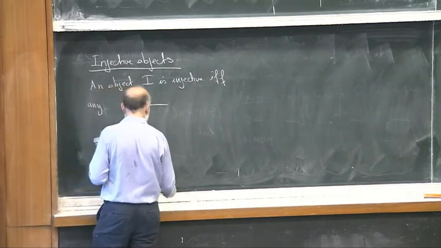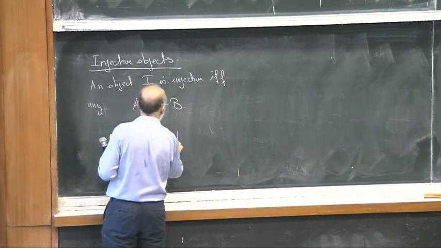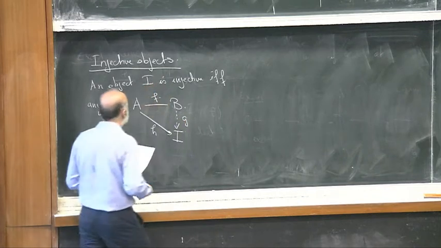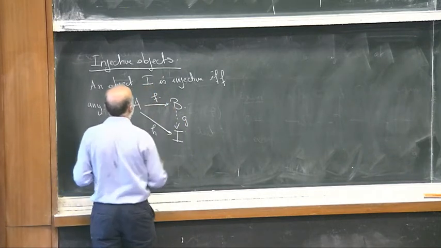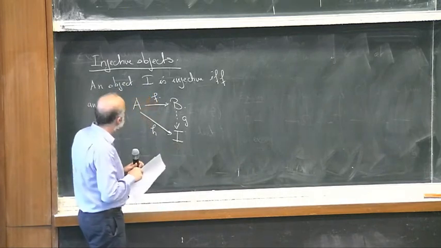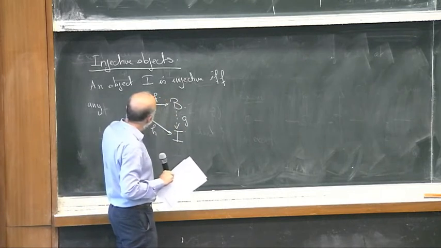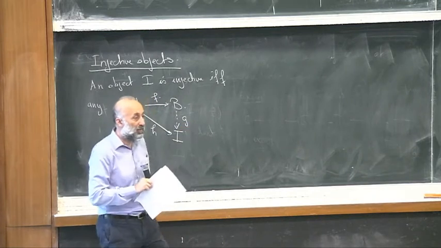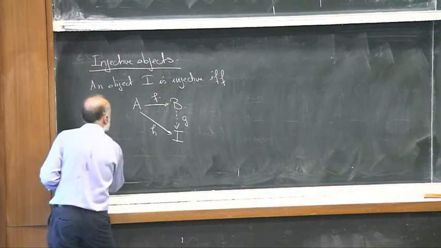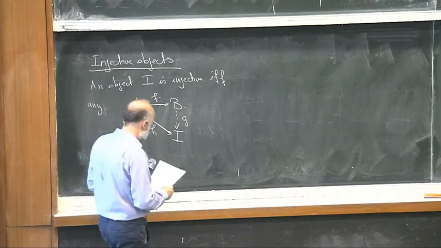whenever I have a map from A to B here, and I have a map from A to I, to say that the object is injective means that you can always extend the map from A to I to a map from B to I. So for instance, such a diagram, G exists.